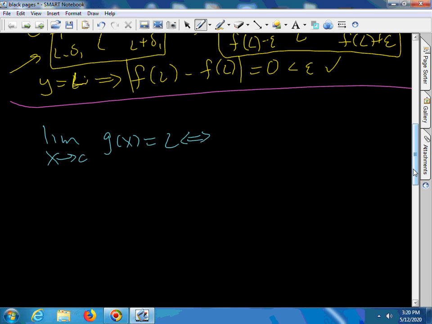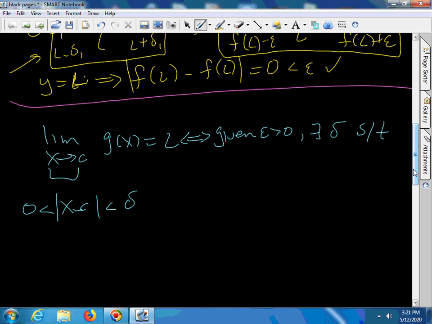That's the same as, and we know this limit exists, given epsilon greater than 0, there is a delta such that the difference between those two is less than delta, but positive, whenever that's true, we'll call this statement 3.